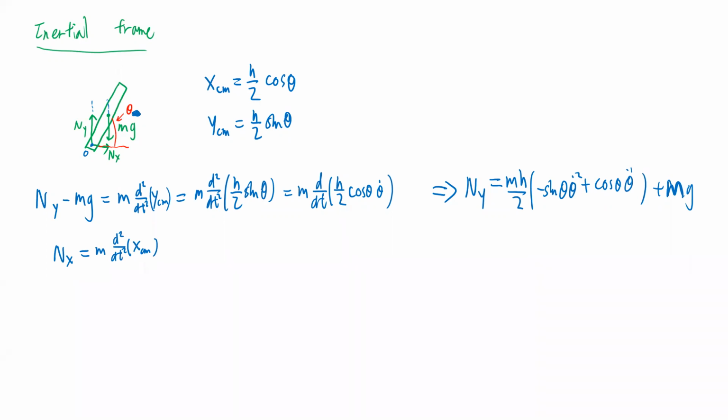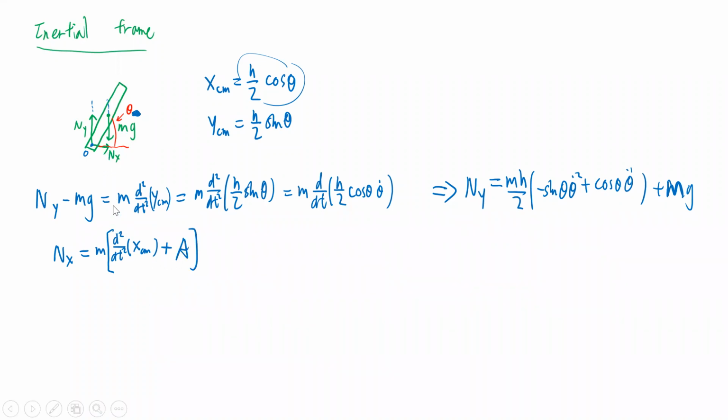Put this into the x_cm, and after some simplification, you should be able to get, oh, I'm sorry, not yet, I'm missing something. The total acceleration is not just the derivative of the x_cm. Actually, it has to add that with A. Yeah, I missed this term.